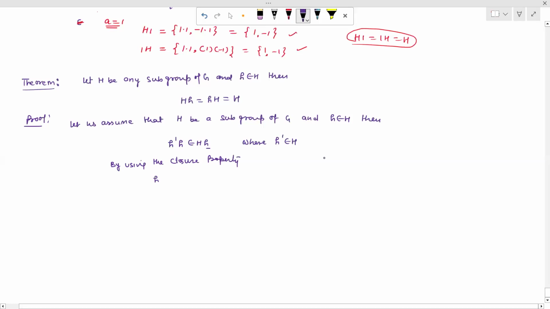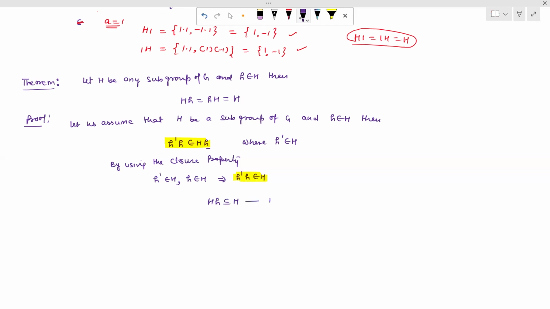One element is h', which belongs to H. The second element is h, which also belongs to H. So this implies that h'h belongs to H. So we have taken the element h'h belonging to the right coset Hh, and this h'h belongs to H. From these two statements, all the elements of Hh are in H, so Hh is a subset of H. This is our equation number 1.